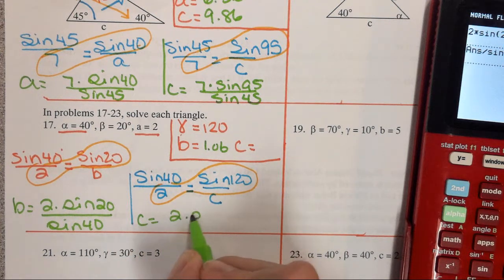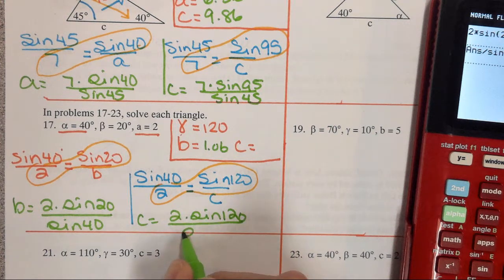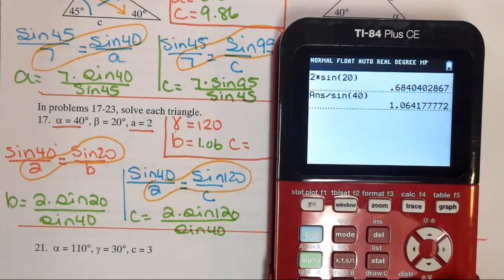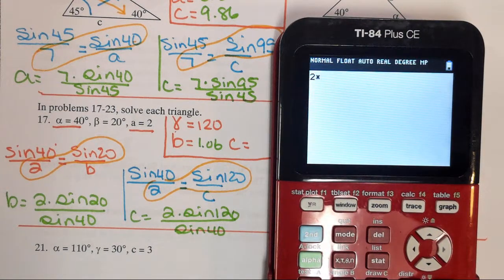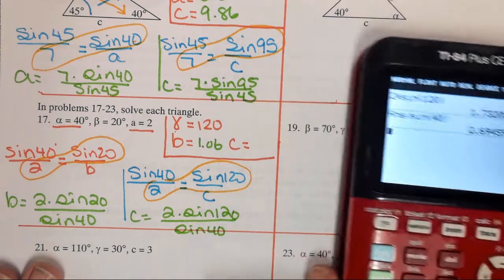So 2 times sine of 120 divided by sine of 40. Okay, 2 times sine of 120, enter, divided by sine of 40. 2.69.